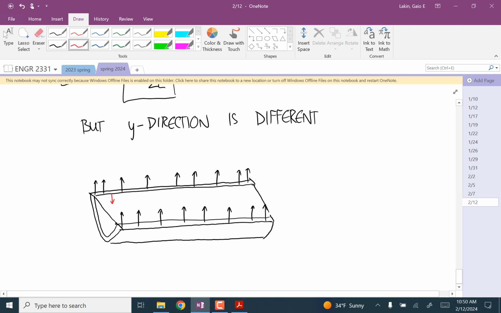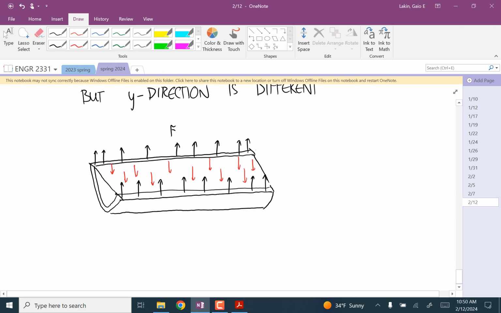And then counteracting that is the pressure from the fluid. The meanings of these are the same as they were before.